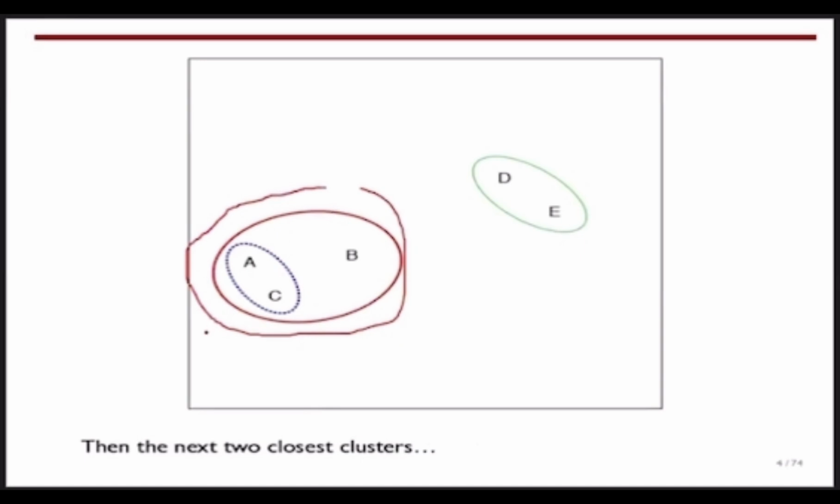Initially A and C are very close together. We put them in a cluster, and we now realize that B was close to the cluster, so we put them inside. In that situation, that is nested. One is nested in the other: AC nested in B. Can you see that? We're not able to witness stuff like that with K-means and K-medoid.